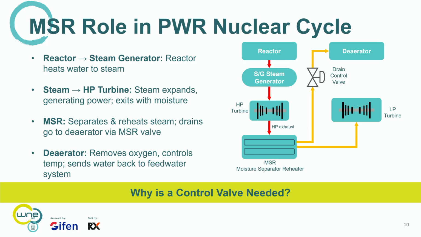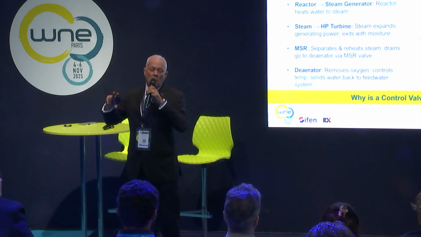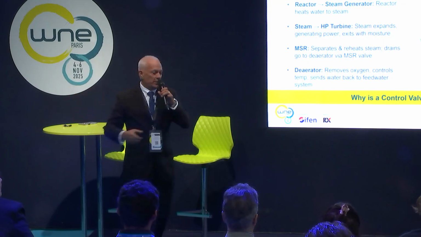The steam in that HP turbine is expanding, and once it expands it's losing its energy, and there may be moisture in the steam. That's why it goes to the MSR. The MSR's purpose is to separate the steam from the moisture, reheat that steam, and then send it back into the LP turbine. You want the most efficient steam going back into that LP turbine.